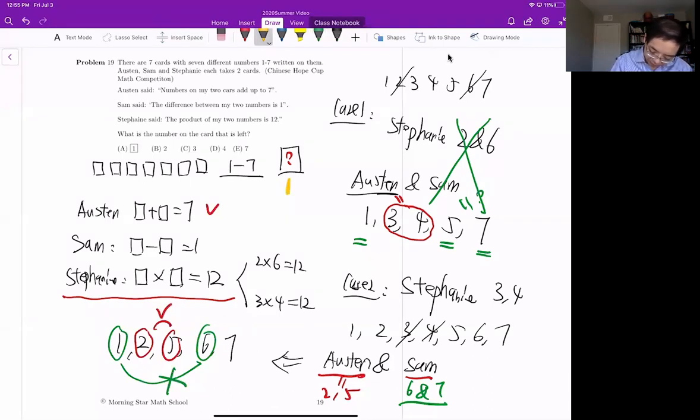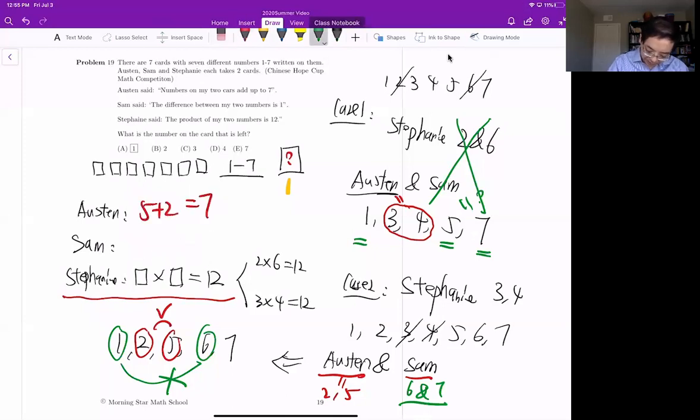So let's recall. For Austin, 5 plus 2 equals 7.